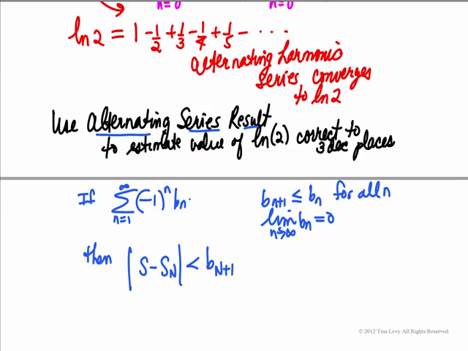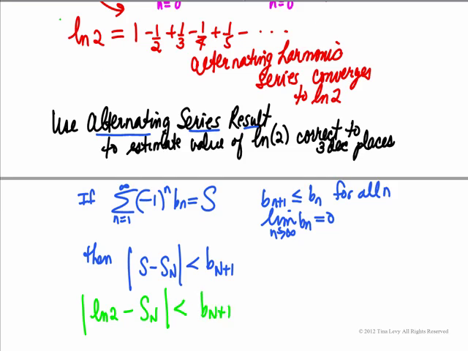So we have to show that log 2 minus the nth partial sum is less than the very next term.